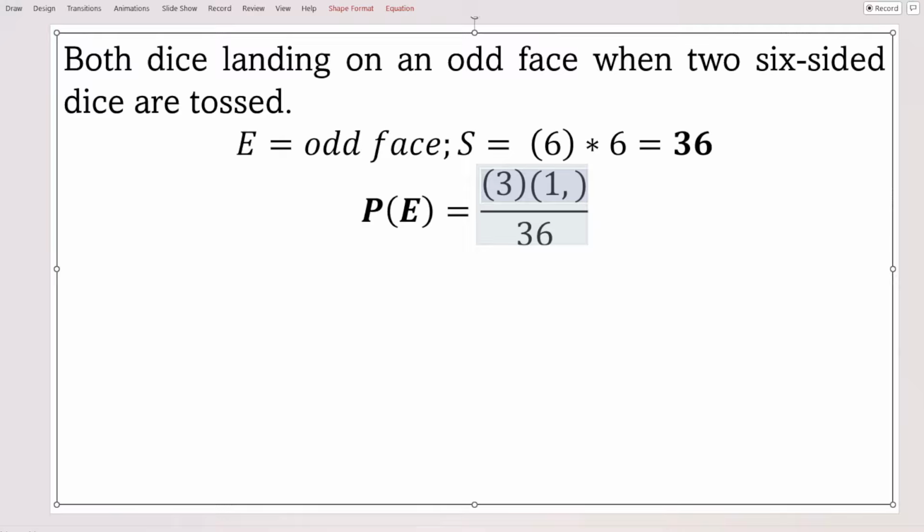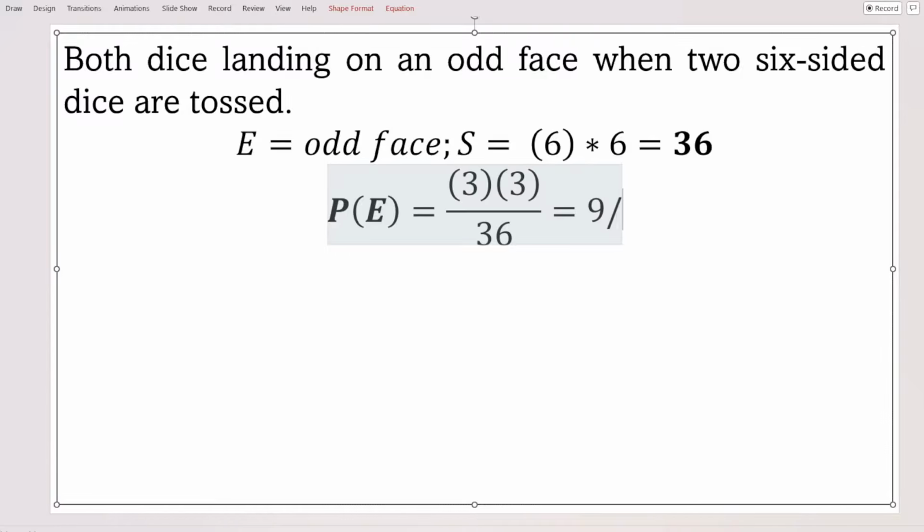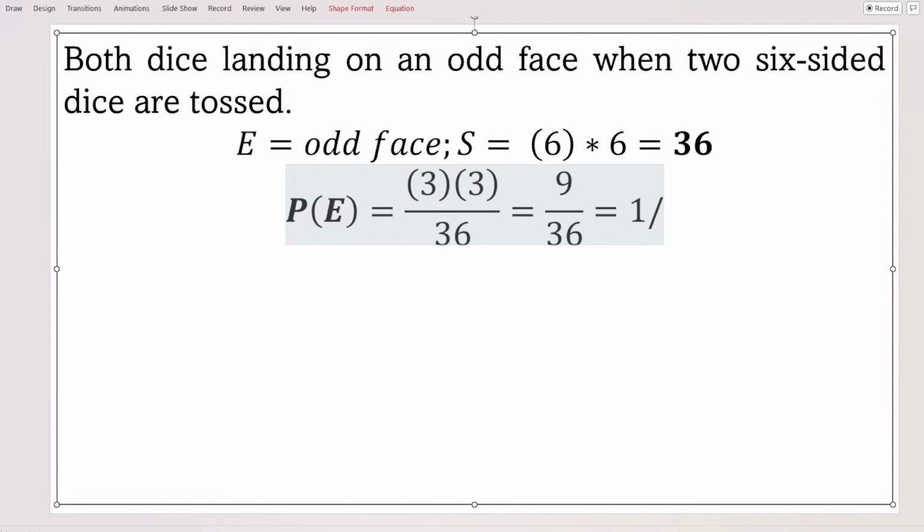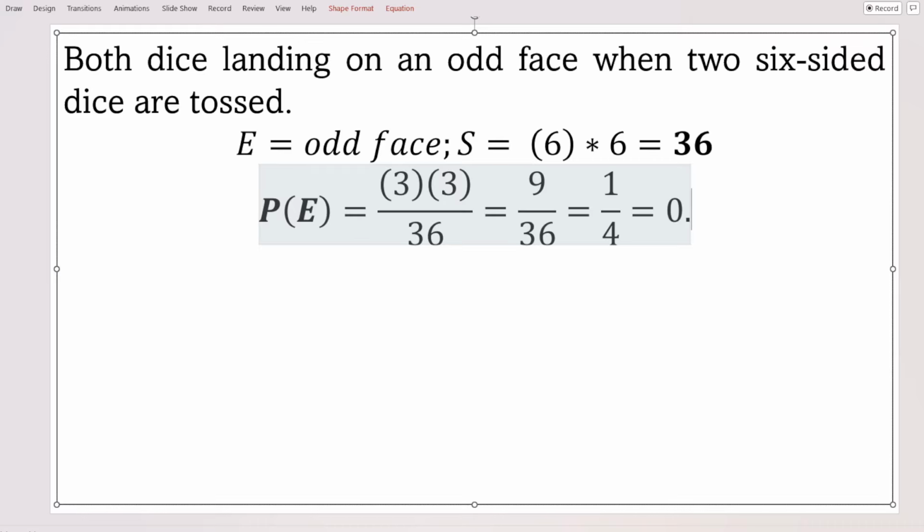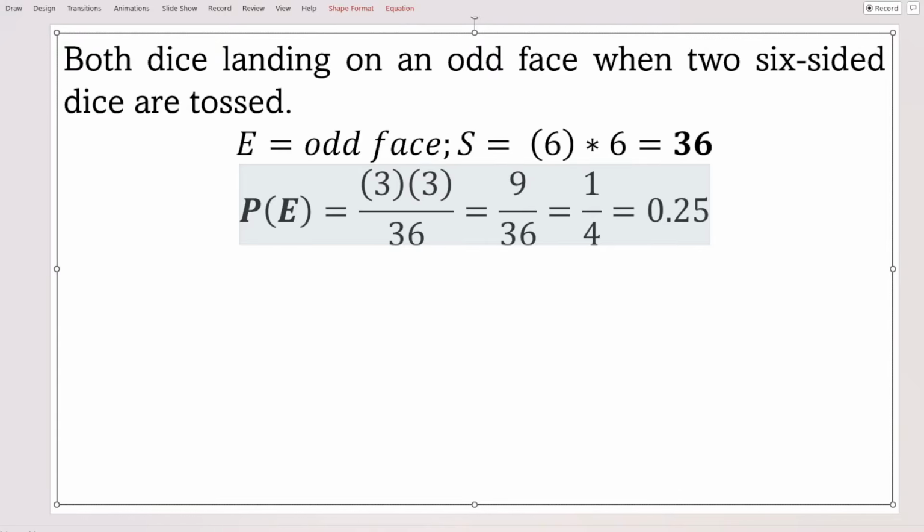That's the same. We can get 1, which is an odd number, 3 or 5, which are all odd numbers. So how many odd numbers are here? Also 3. And then since this is a compound event, you simply multiply the number of events here. 3 times 3, that becomes 9 over 36. So the lowest term for this is 1/4 or 0.25. So that's the answer to the third problem.